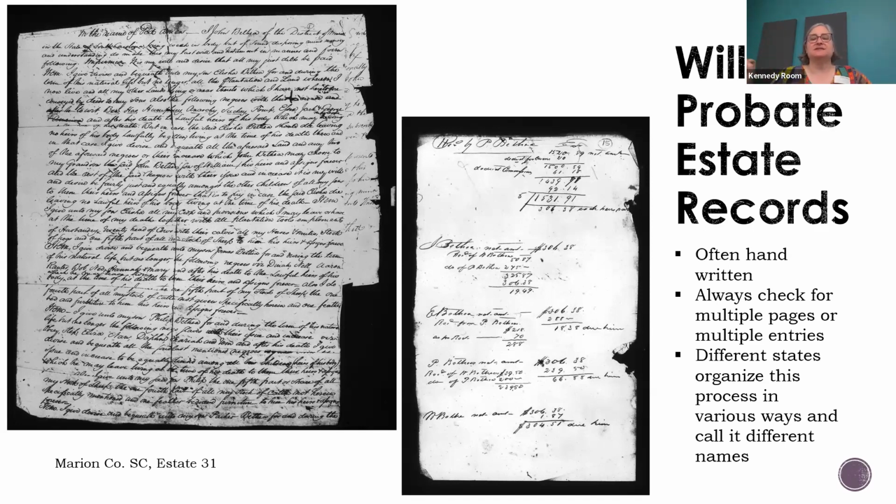Different states will organize this process in different ways, and call it different names. It is through the probate judge here in Spartanburg County, equity court is another name. Pennsylvania, I believe they run it through orphans court, because originally they were dealing with the orphans that the dads left behind, because mothers couldn't be financial guardians of their children until well into the second half of the 1800s, if not into the 1900s.